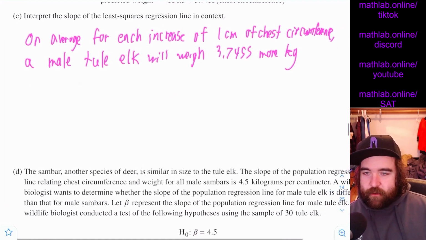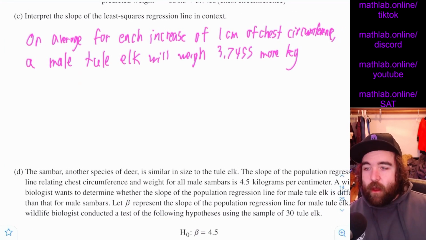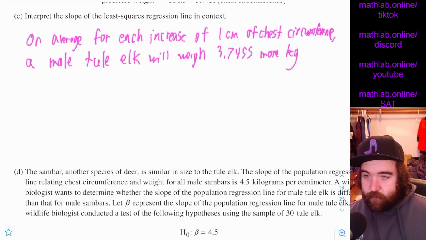On average, for each increase of 1 centimeter of chest circumference, a male tall elk will weigh 3.7455 kilograms more.